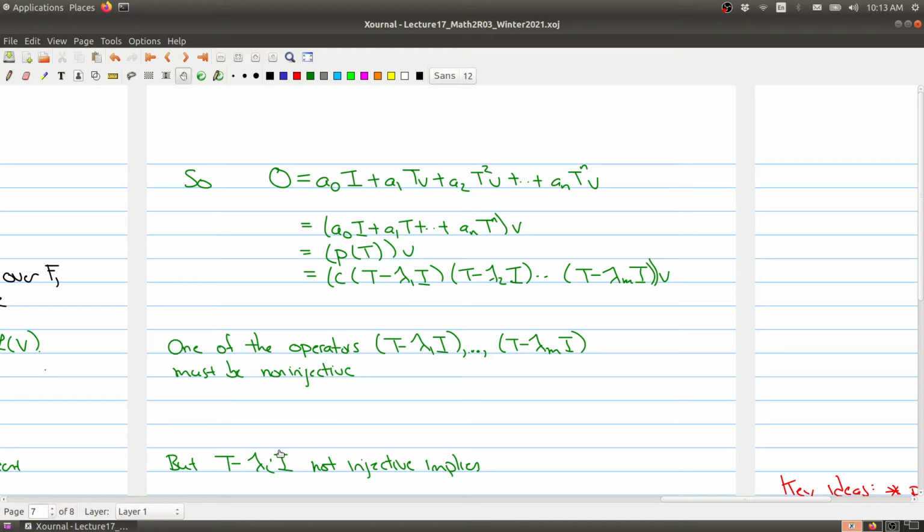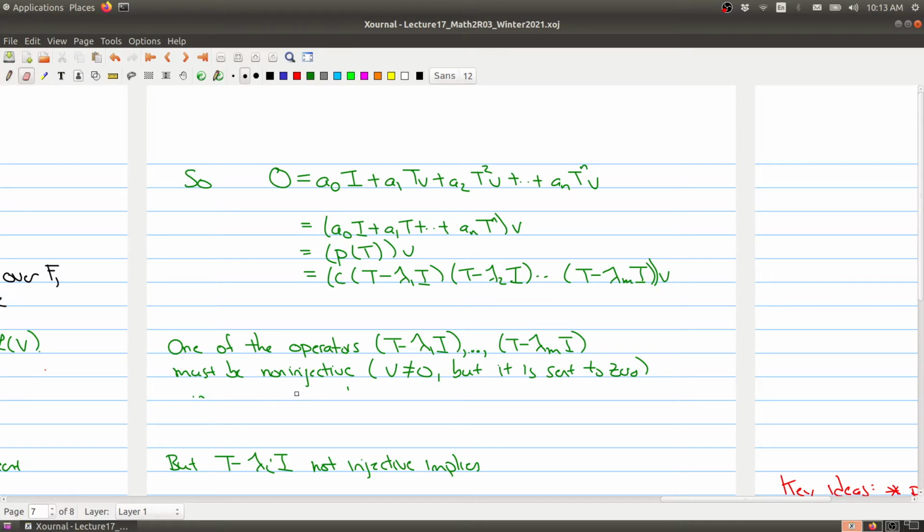Okay, right, and let me maybe add some more details. v is not equal to 0, but it is sent to 0. So one of these guys inside of here is 0, but when that happens, when T - λi times the identity operator is not injective, that's actually what I have down right here.